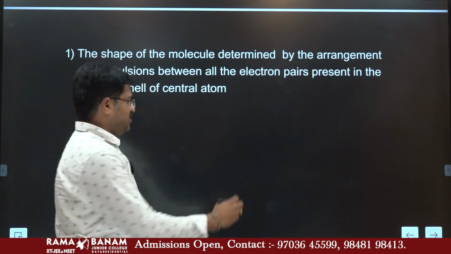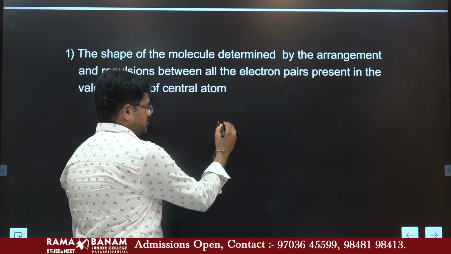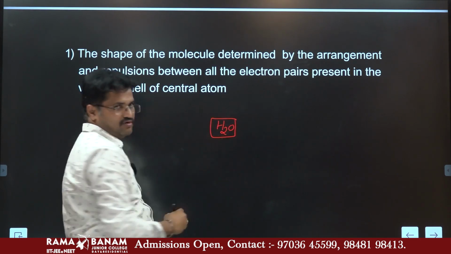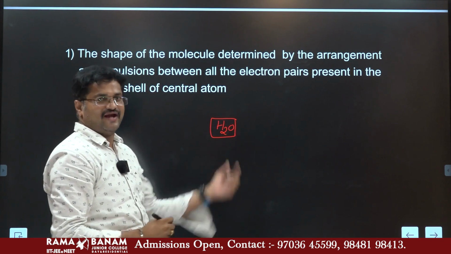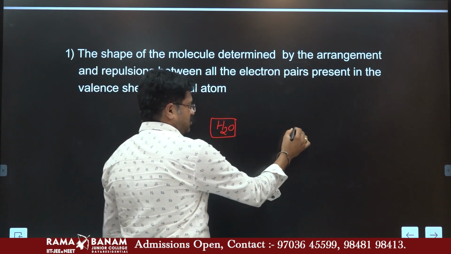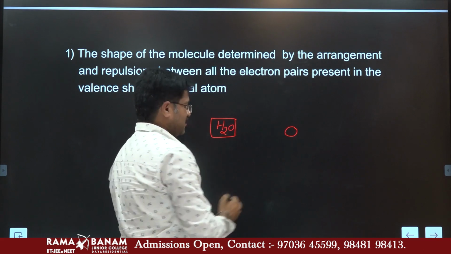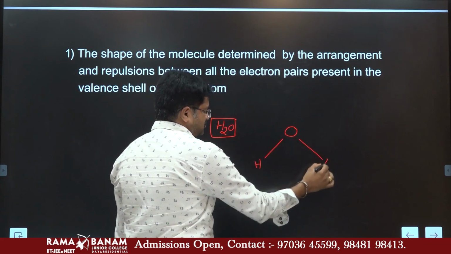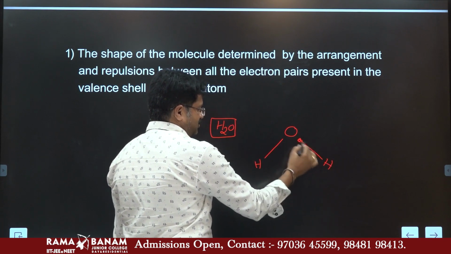Suppose you take the water molecule, H2O, with the oxygen atom as the central atom. Hydrogens are the bonded atoms. Two hydrogens are bonded atoms.